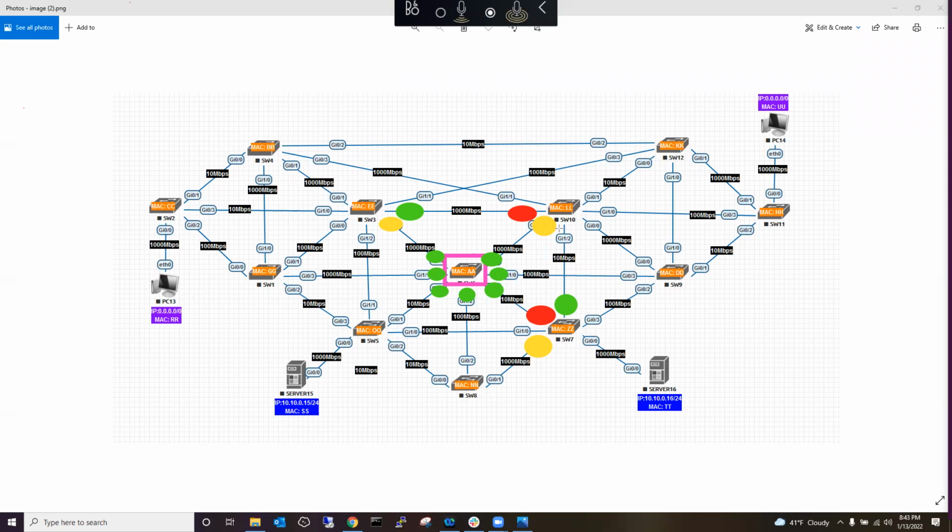Just the way I mapped it out, I'm envisioning traffic going up from switch 7 to switch 10 over to the root bridge, and that's not creating a loop. Even though the cost is really high, it's not creating a loop there. I may be wrong. We'll see it at the end.